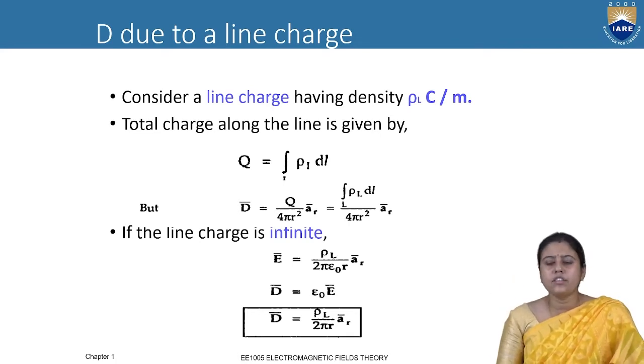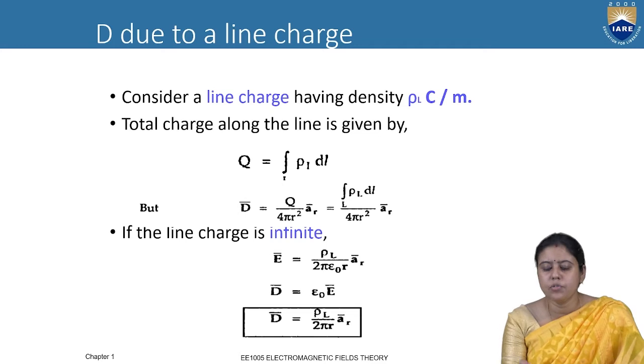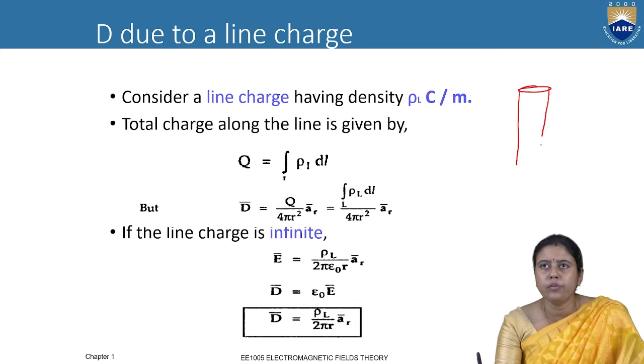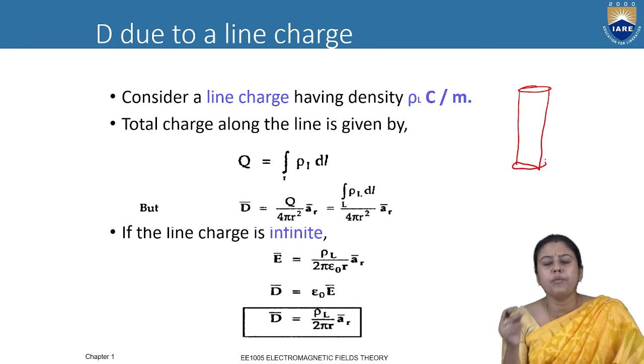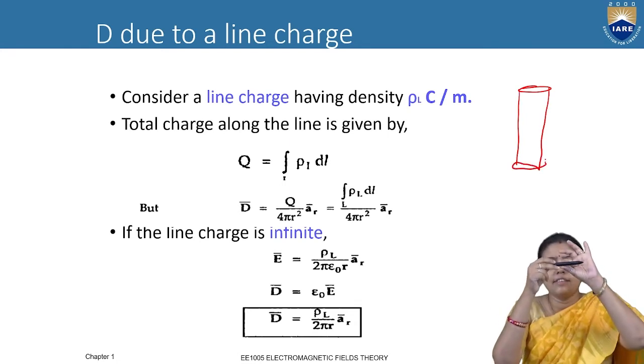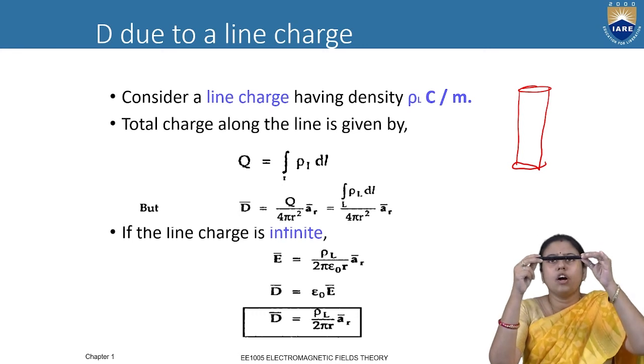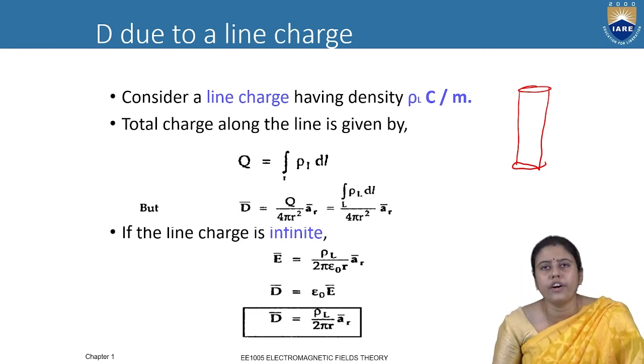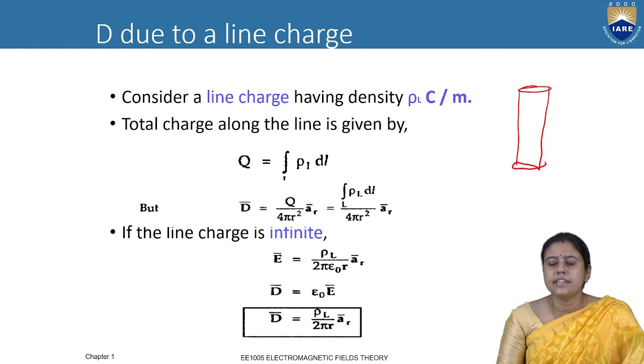In the case of a line charge, if it is cylindrical in nature, the nature of the overhead lines is like a cylinder.